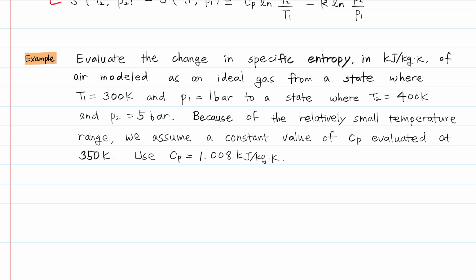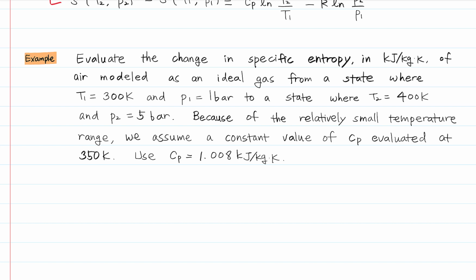Because of the relatively small temperature range, we assume a constant value of Cp, specific heat at constant pressure, evaluated at 350 Kelvin. Use Cp 1.008 kilojoule per kilogram Kelvin. So we take the second method to determine the entropy change between the two states.